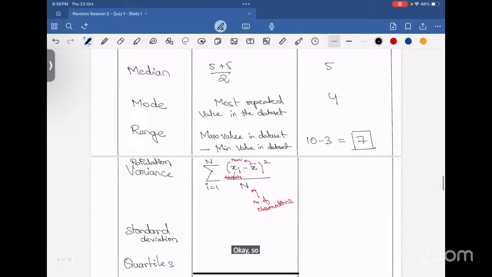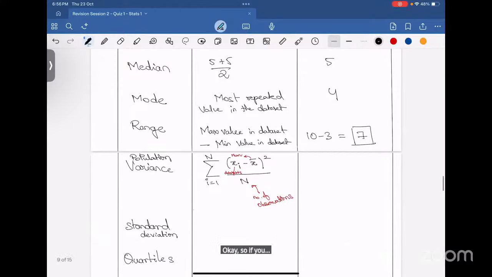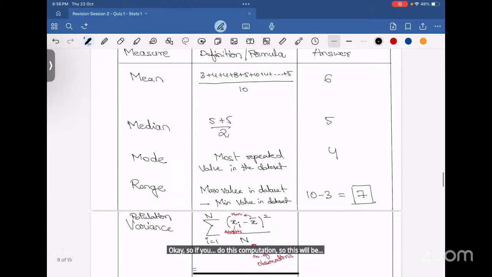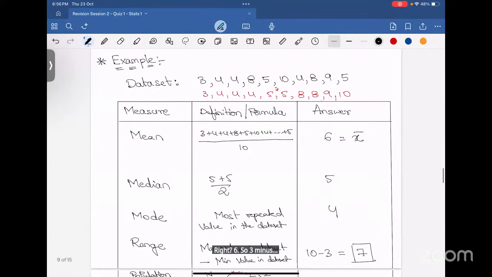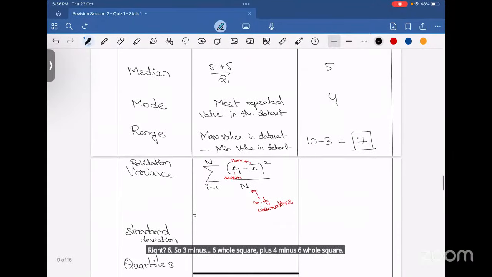Okay, so if you do this computation, we have x bar also, which is 6.